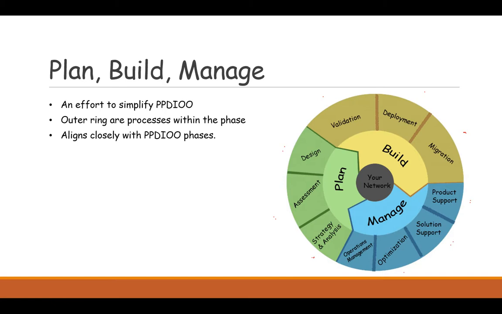And then your optimization. Of course, this is where you optimize or look for optimization opportunities within your network. And then the operations management, as you can imagine, is just the management of operations of your NOC operations and how to go ahead and handle that.